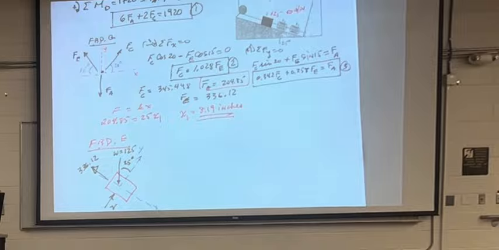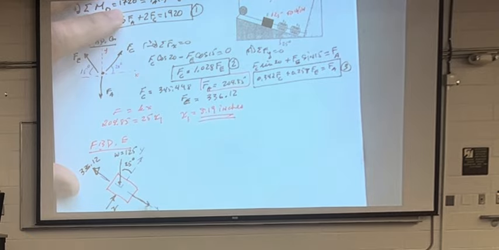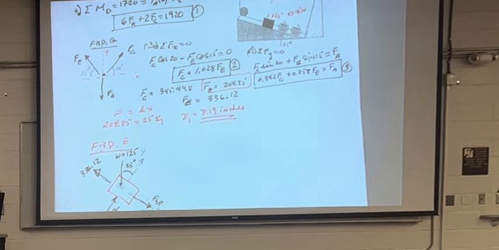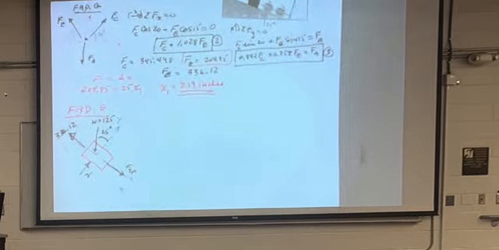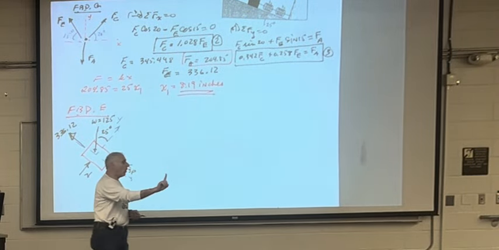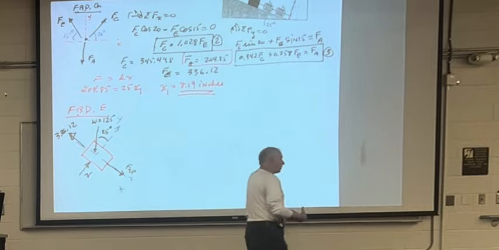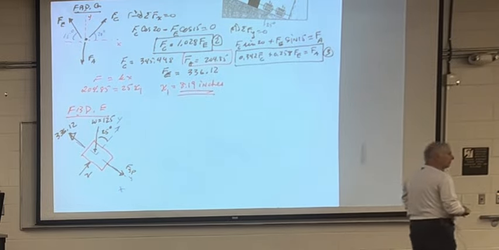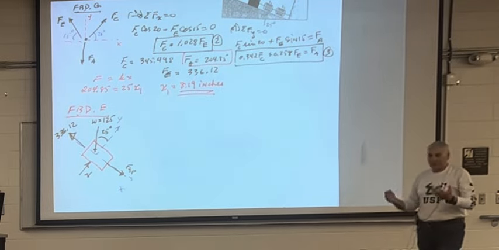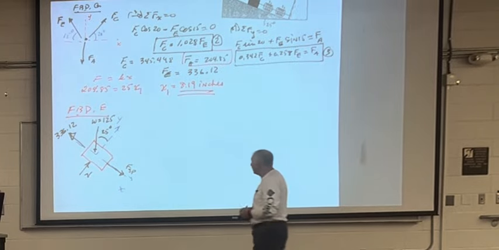And last but not least, I've got some sort of spring force, FSP. And I know there's two springs, but I know I can combine them into one. So I should have one spring force. I call it FSP because I don't know what it is.